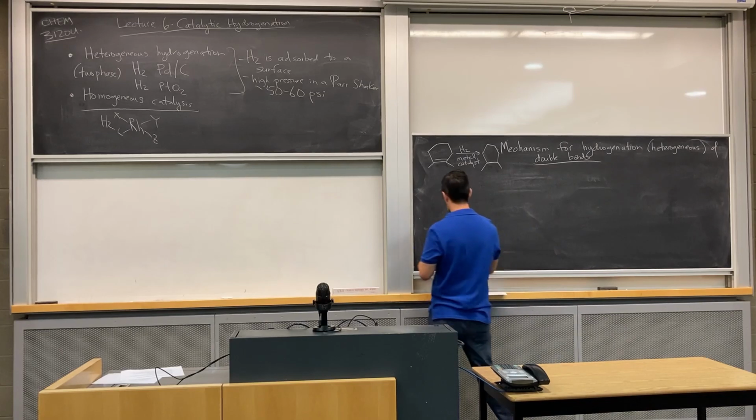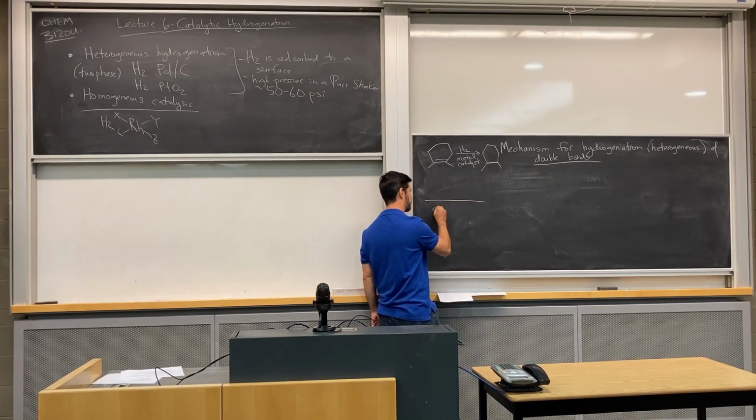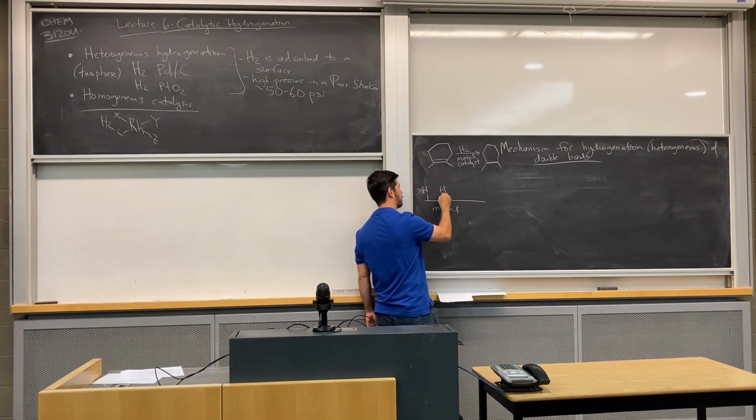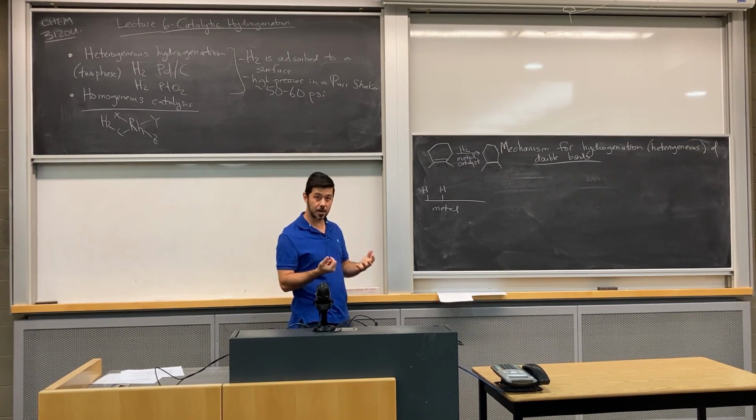Okay, so let's draw our metal surface. You can imagine a metal surface and there's lots of hydrogen atoms that are adsorbed onto that metal surface. Typically the metal is slightly electropositive, so it's attracted to electrons, things like double bonds, triple bonds.